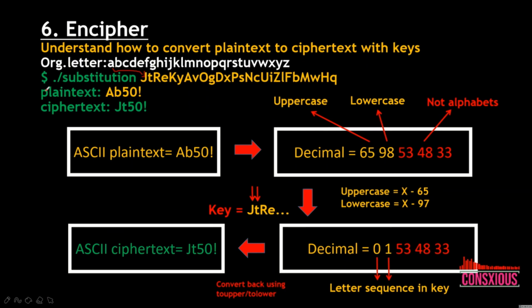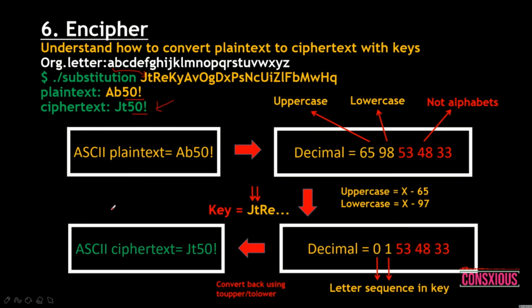For example, if the plaintext is A, B, 50 and an exclamation mark, these last three we will not change; they remain the same. So A will become J, B will become T. This is how the program should work.